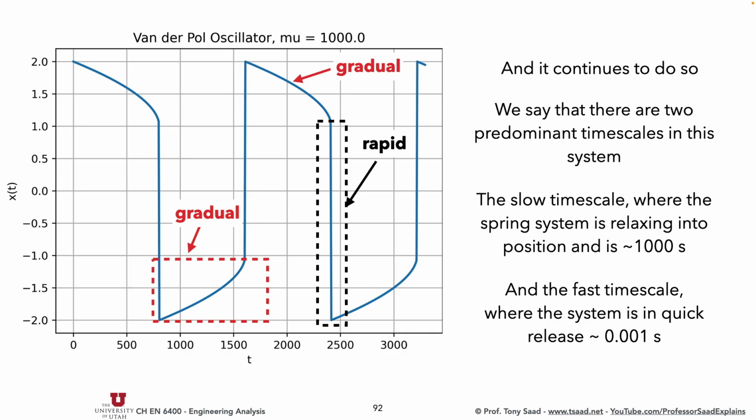Okay? There are 2 predominant time scales in this system. The slow time scale, which we call the gradual, is about 1,000 seconds. You can calculate that for this problem. And the rapid time scale at this mu is about 1 over mu. Okay, it's 0.001 seconds.